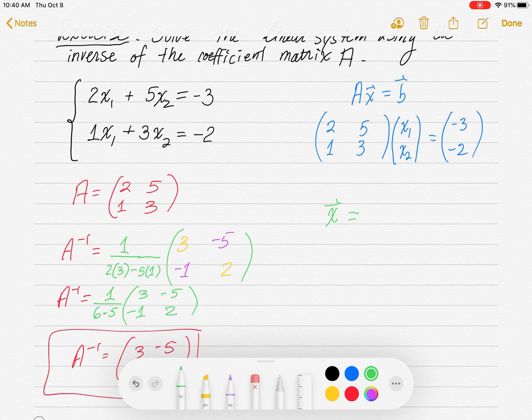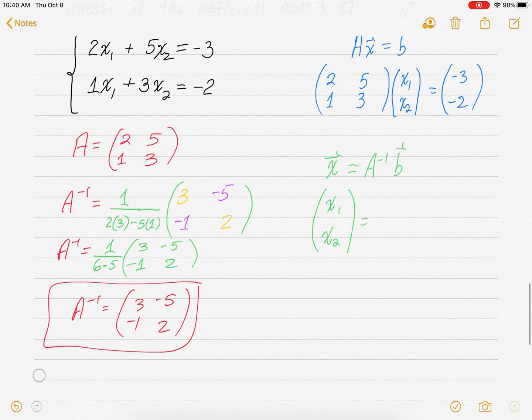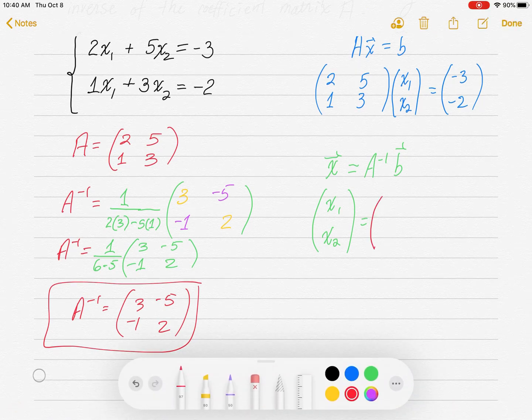So if I wanted to find the solution, X, we know that since A is invertible, there is an inverse, the solution to this is going to be A inverse times B. In other words, x1, x2, that solution vector, is going to be your inverse matrix, 3, -5, -1, 2, times your vector B. What was your vector B?